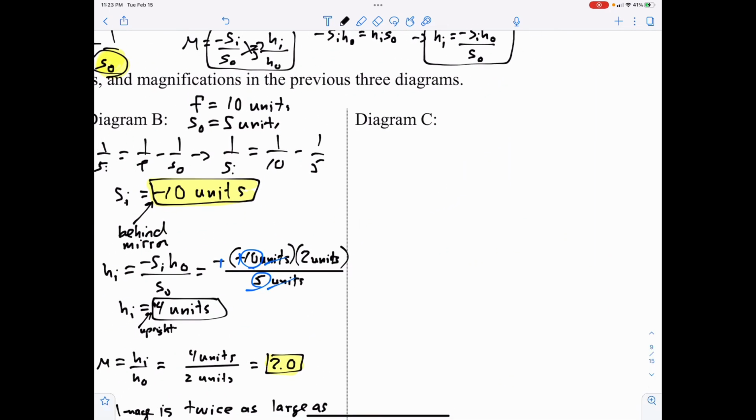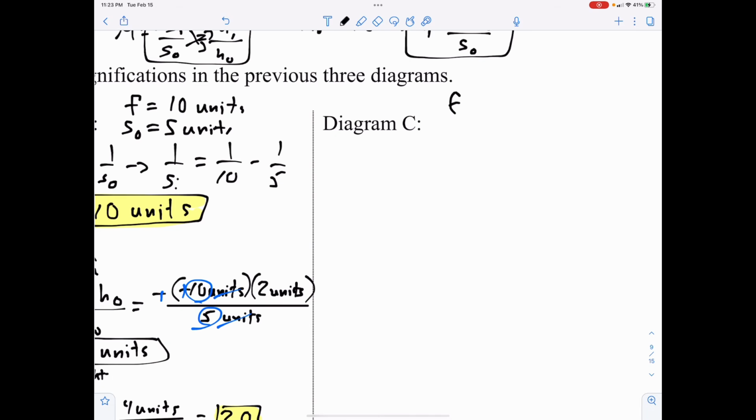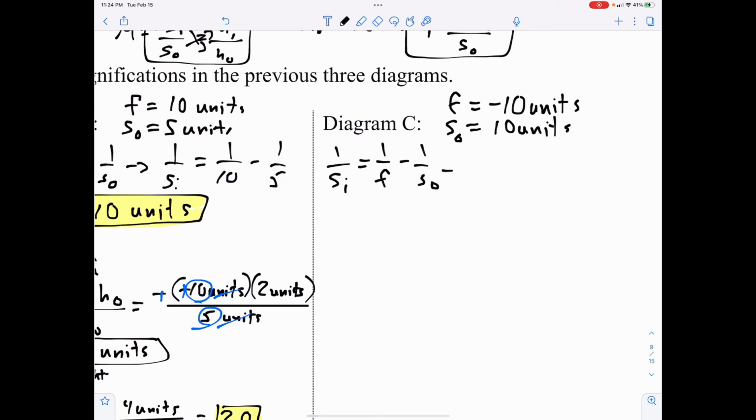Okay, so the focal length for this one would be -10 units. SO, the object distance, would be 10 units in front of the mirror. Okay, 1 over SI is 1 over the focal length minus 1 over SO.